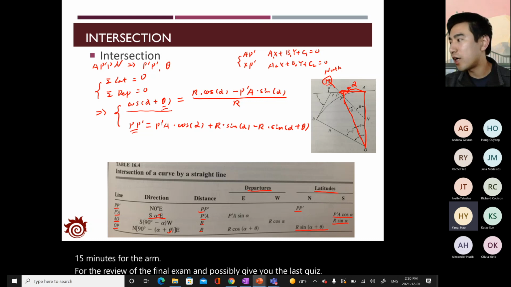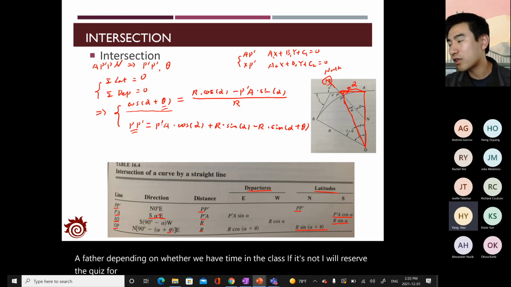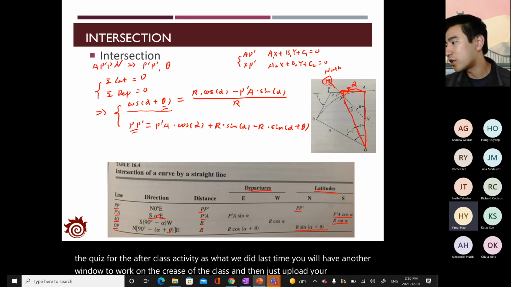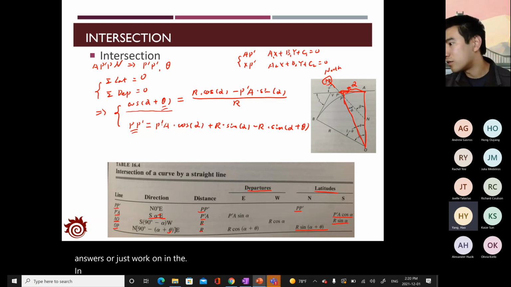But depending on whether we have time in class, if not, I will reserve the quiz for an after-class activity. As we did last time, you will have an hour window to work on the quiz after class, and then just upload your answers, or work on the quiz on Avenue to Learn.